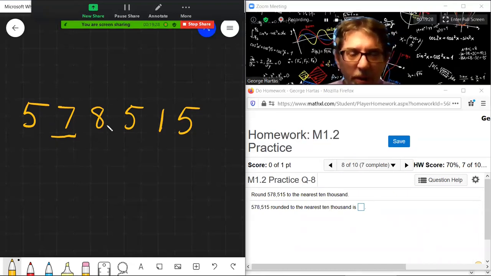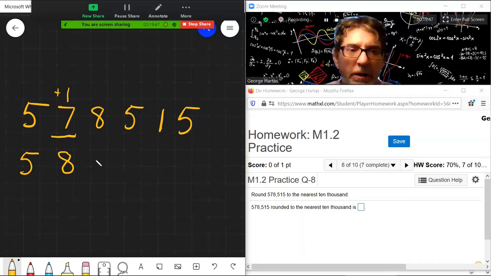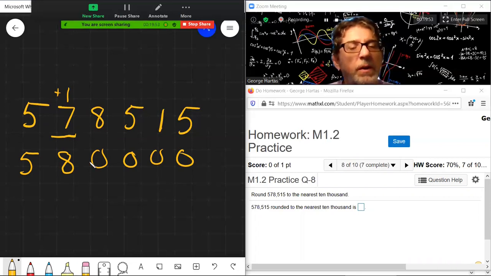Since this digit here is 5 or more, we're going to add 1 to the underlined digit. 1 plus 7 is 8. Any number to the left of the underline comes down the way it is. All numbers to the right of the underline convert to zeros. 580,000.